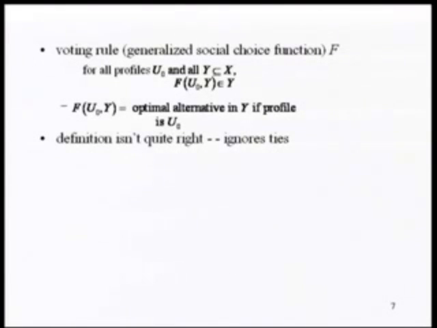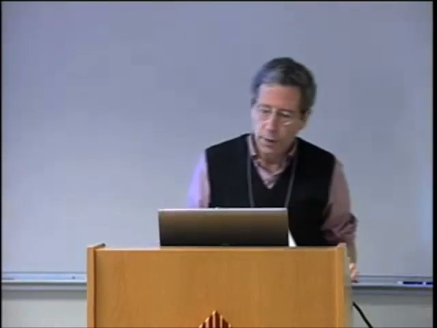So actually this is not quite right, because we could have a tie. We could have an exact tie. For example, if we were using plurality rule, there might be two alternatives that are ranked first by the most voters. And if we were using the Borda count, we could have two alternatives that had exactly the same point total, and also the lowest point total.